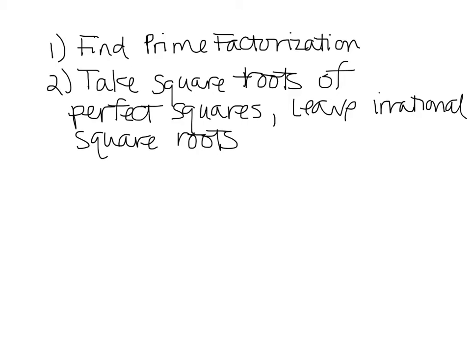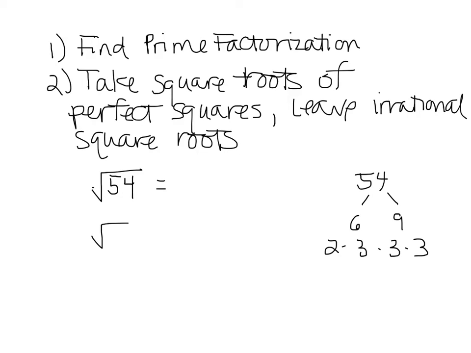So that's all well and good, but sometimes if I get a number, let's see, say the square root of 54. Well, I know that 54 is 6 times 9, well, this might not end up being a good example, 2 times 3, oh, this is 3 times 3. So in here I have 2 times 3 to the 3rd.